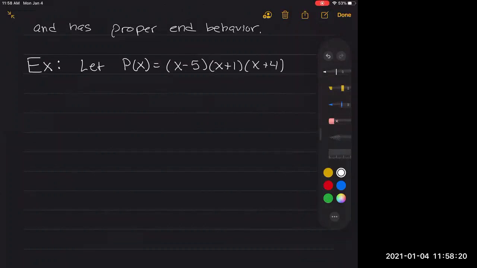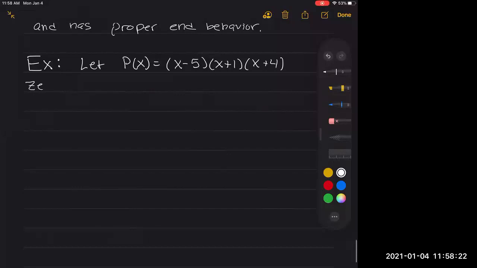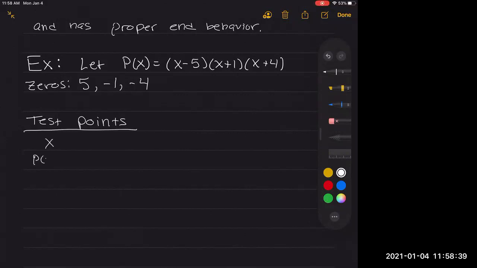All right, so here it's very easy to see that our zeros are 5, -1, and -4. All right, so now we're going to do some test points. So we need x and p of x. You could also write y there if you'd like. I don't really mind if you use p of x, f of x, y. Just be consistent within the problem itself.